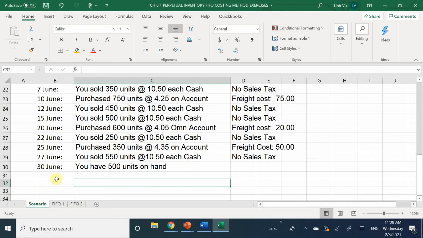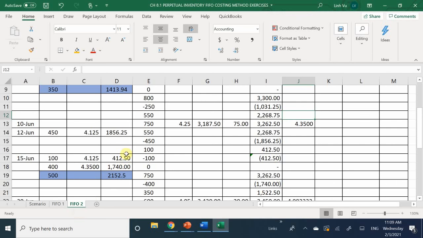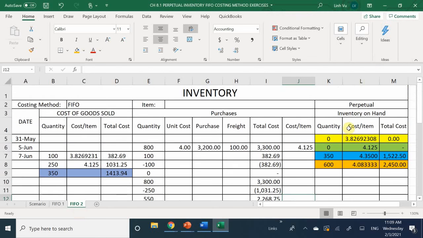All right, so then June 20, where are we? June 22nd. Yes. How many more items did we sell? We sold 250. Okay, let's look at our batches. We still have our blue batch and we still have our orange batch, right? We just bought our orange batch. And still using FIFO, we need to get rid of our blue batch first.